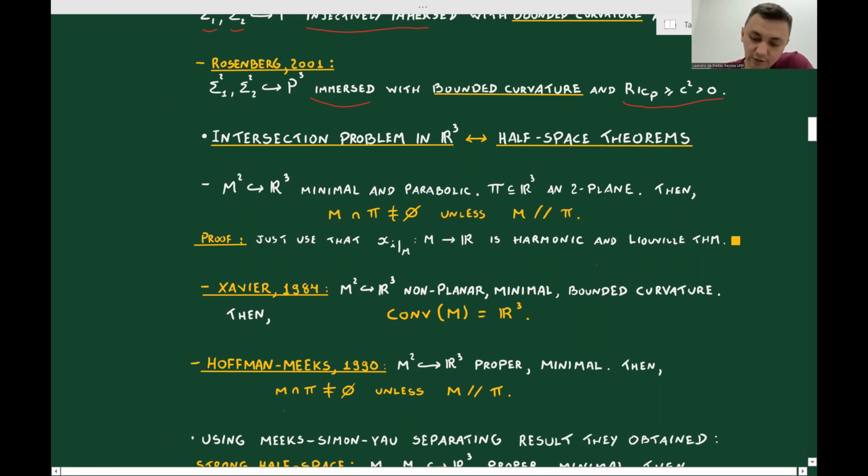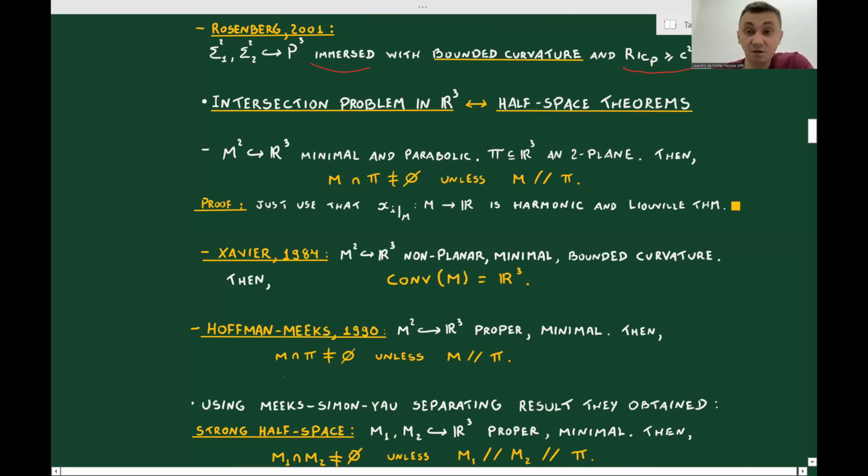Okay, so just to mention maybe the oldest result about this kind of intersection, which is very classical, and it's very easy to prove, actually. So if you consider a minimal surface in R3, which is parabolic. Here, parabolic means that the positive Green function is identically infinite. Or maybe if you like, you can think that the Brownian motion is recurrent.